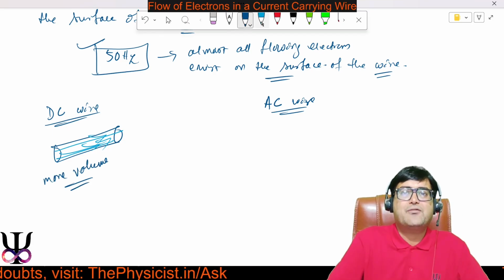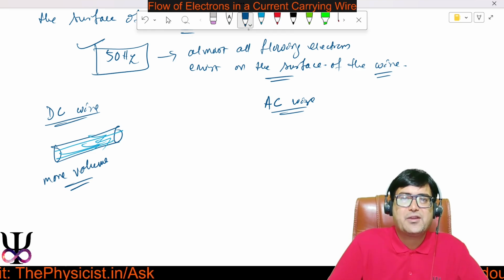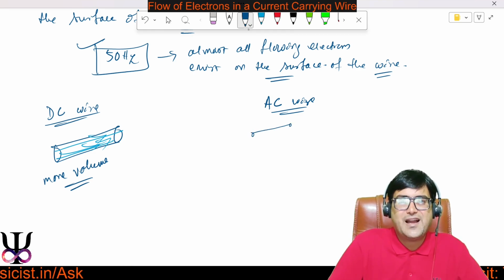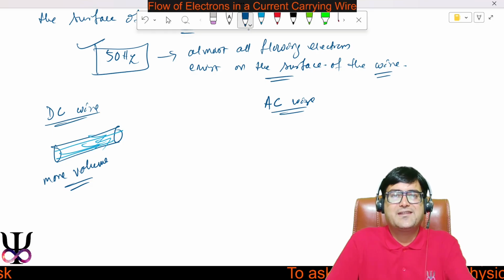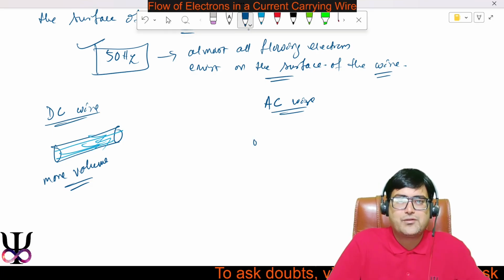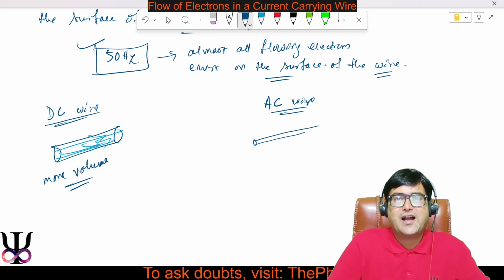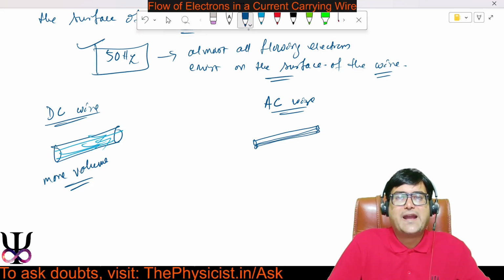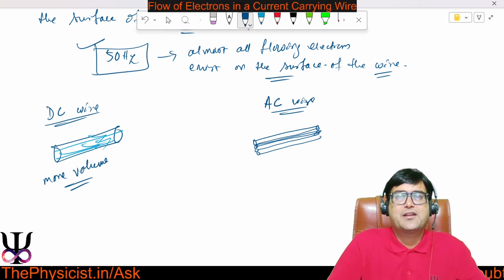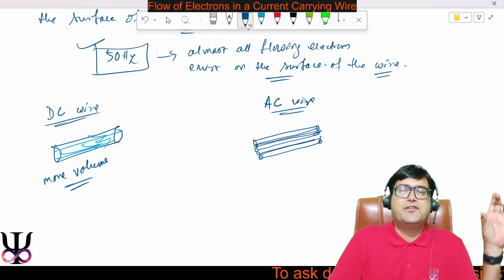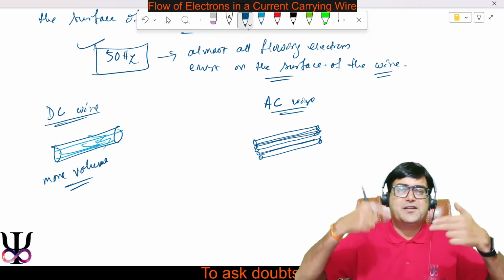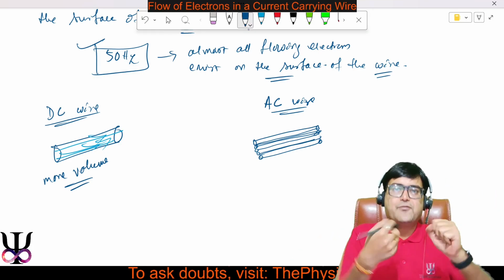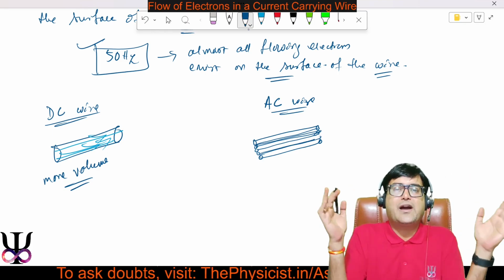But in an AC wire, you might have noticed that you have tiny, tiny wires, many wires packed together. It's never a single solid wire. It's a bunch of tightly wound, thin wires.